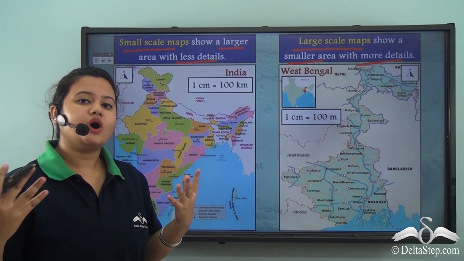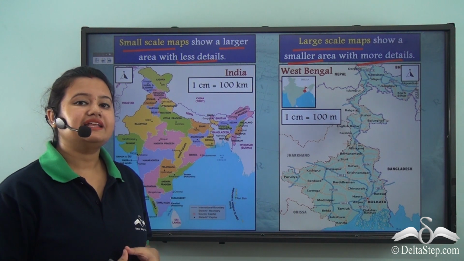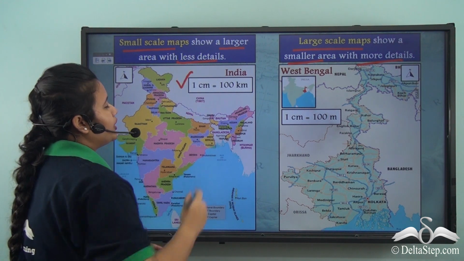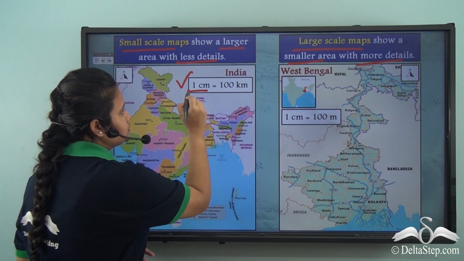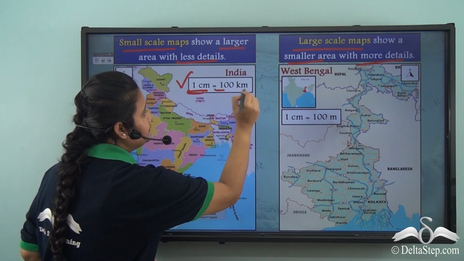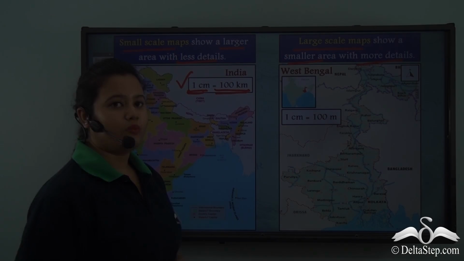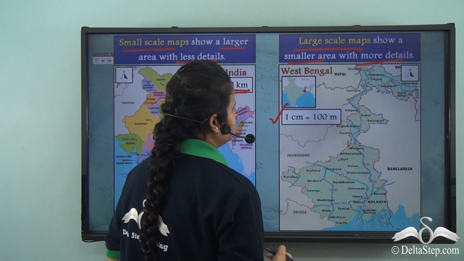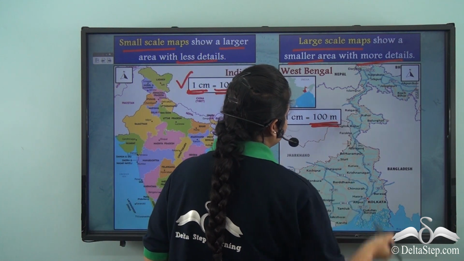Now, in order to understand these maps better, let's have a look at the scale of the maps. In the first map, we can see 1 centimeter on the map represents 100 kilometers on the ground. While in the second map, we can see 1 centimeter represents 100 meters on the ground.